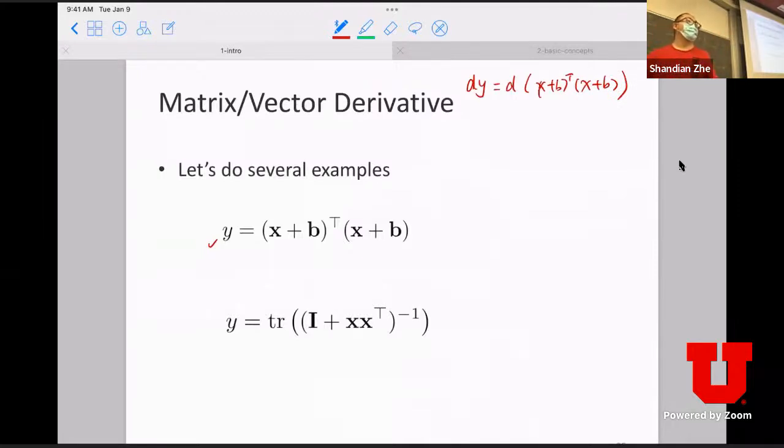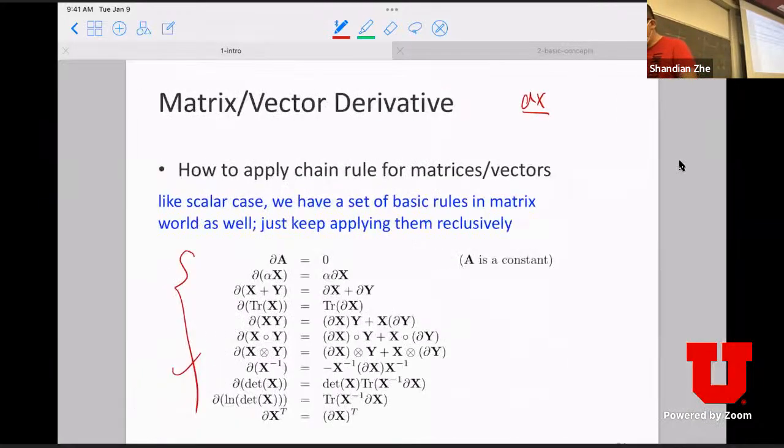In the scalar world, if I have two scalars, d of x times y is dx times y plus x times dy. Everybody knows that, and for matrix or vector cases, they follow the same rule.